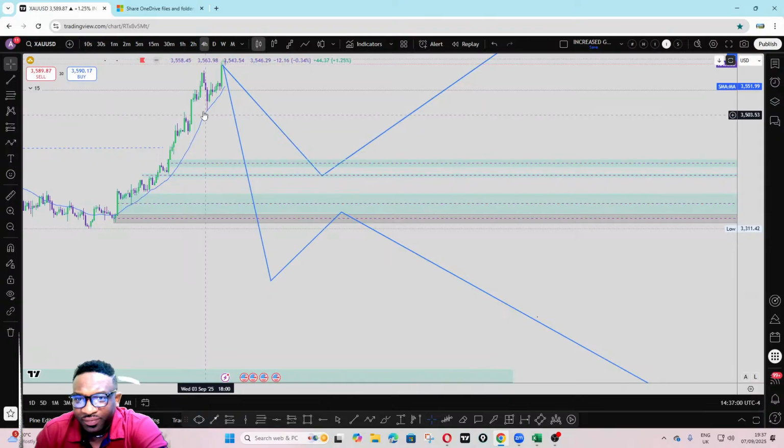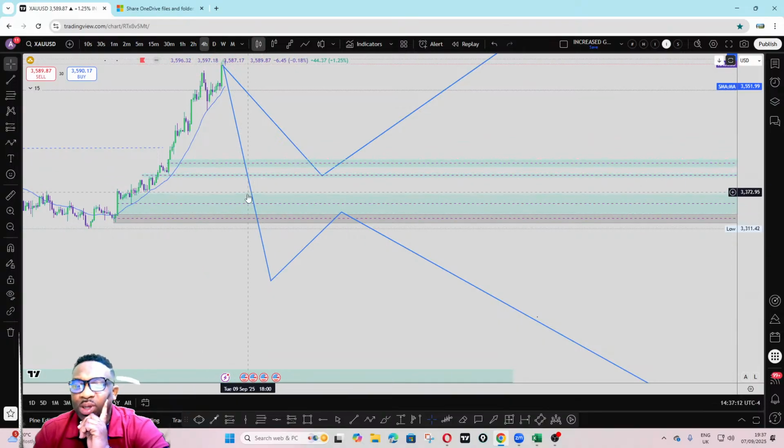So once we have this break of structure, we could engage in some sales to clear out these areas. So as we engage in this, we should also bear in mind what the higher time frame is telling us, that we are in an uptrend.